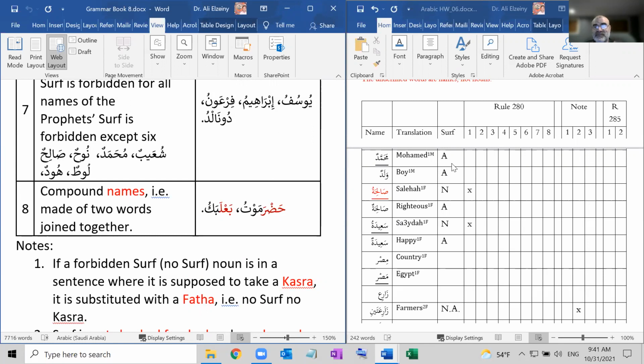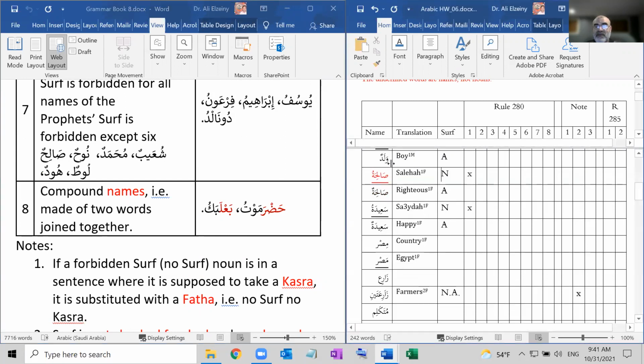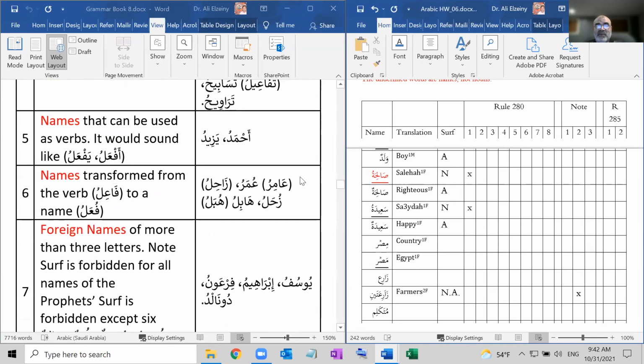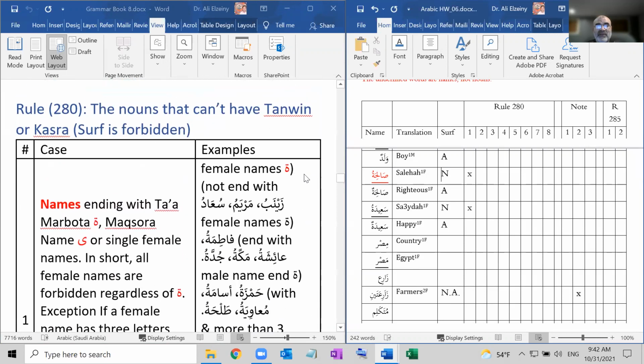Sarf is allowed. Okay. When we go to walad, boy, it's not underlined, and of course it's not, because boy is a noun, not being used as a name. Nobody calls his child boy. So is sarf allowed or not? We go over the list.